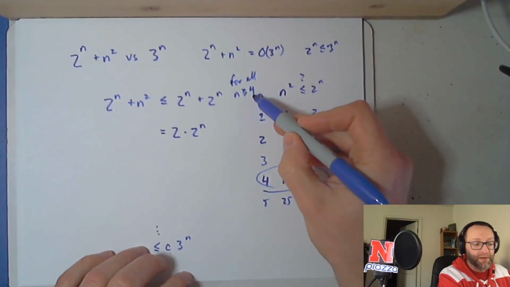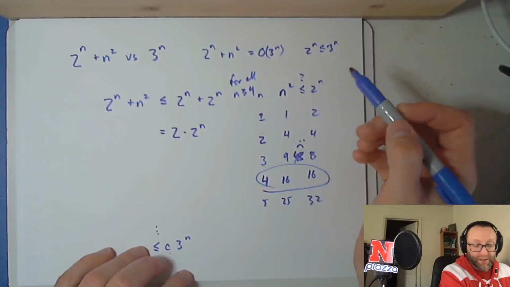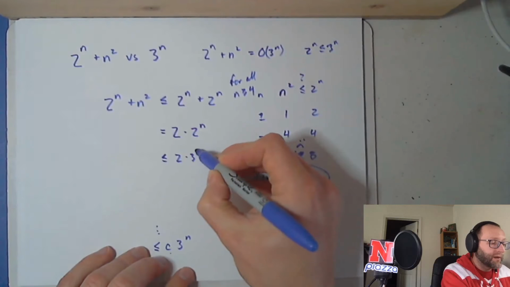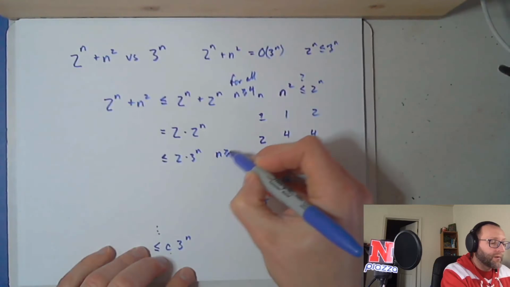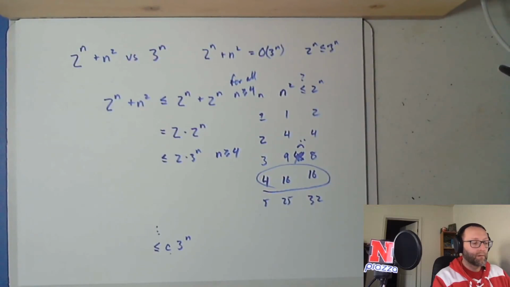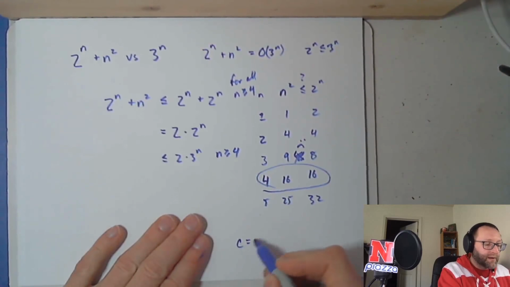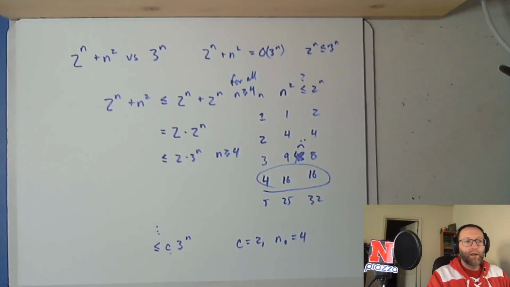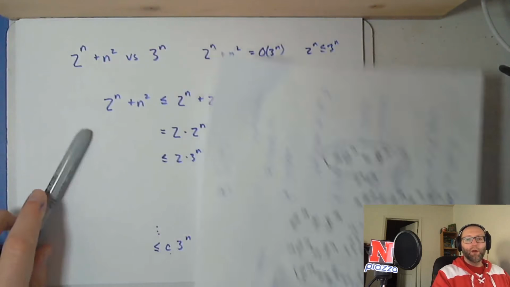But I've already established a larger n over here, which is still true. So this is less than or equal to 2 times 3 to the n for all n greater than or equal to 4. There. For c being 2 and n naught being 4, the inequality is established.